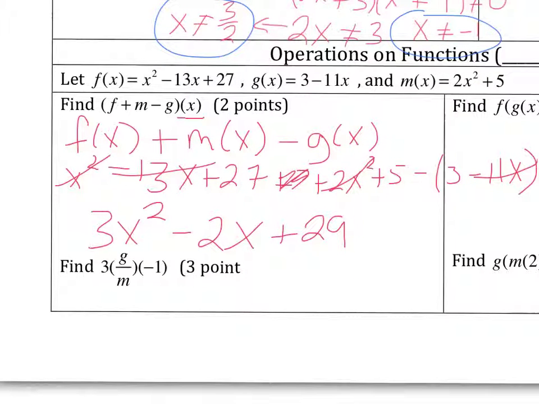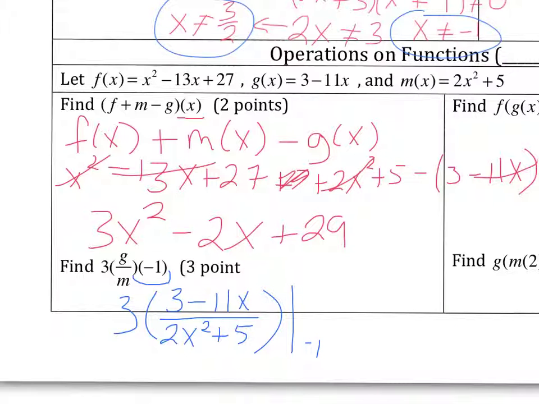The next one asks us to do 3 times g over m of x and plug in negative 1 for x. Please remember this means plug in negative 1 for x and not times negative 1. So if I set that up, that's 3 times g of x, which is 3 minus 11x, over m of x, which is 2x squared plus 5. Now I'm going to plug in negative 1.